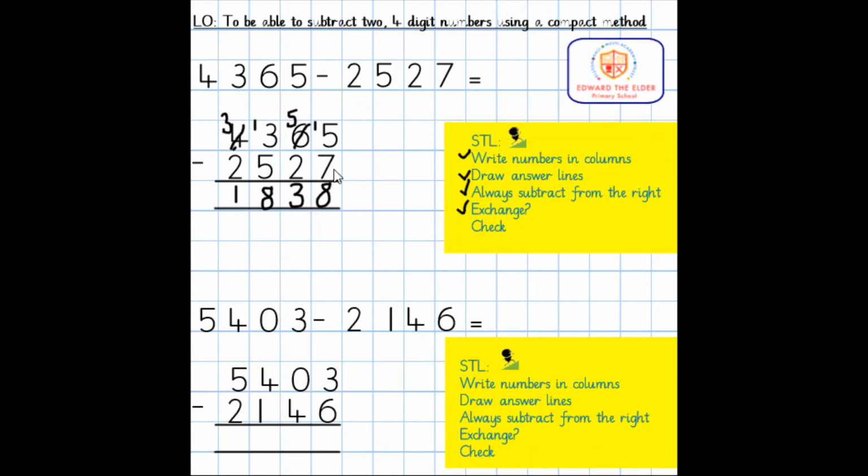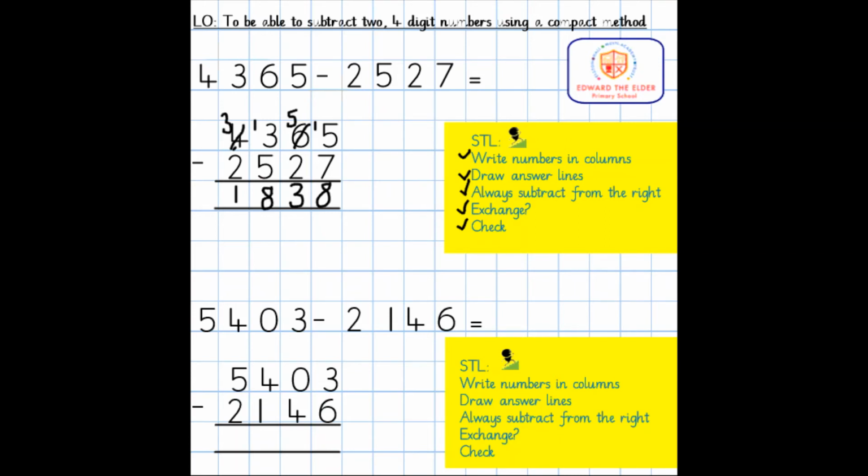We couldn't do this, so we exchanged with the tens. 15 subtracts 7 leaves us with 8. 50 subtracts 20 left us with 30. 300 subtract 500. We couldn't do this, so we exchanged with the 1000. 13 subtract 5 equals 8. 3000 subtract 2000 left us with 1000.